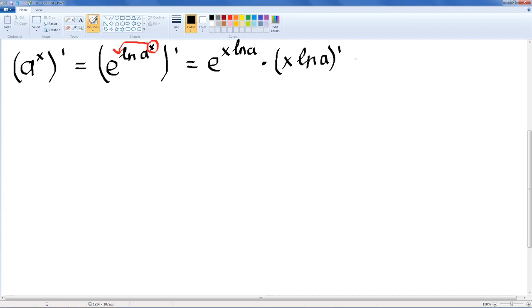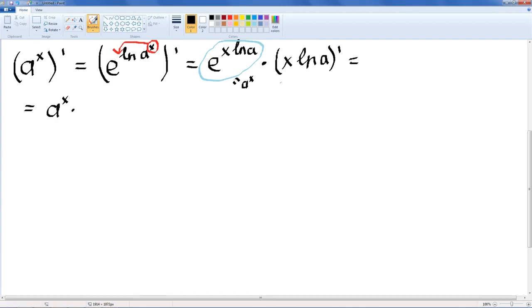Now, if you pay attention, just like last time, this thing right here is actually the original thing. It equals a to the power of x. So we just write a to the power of x.